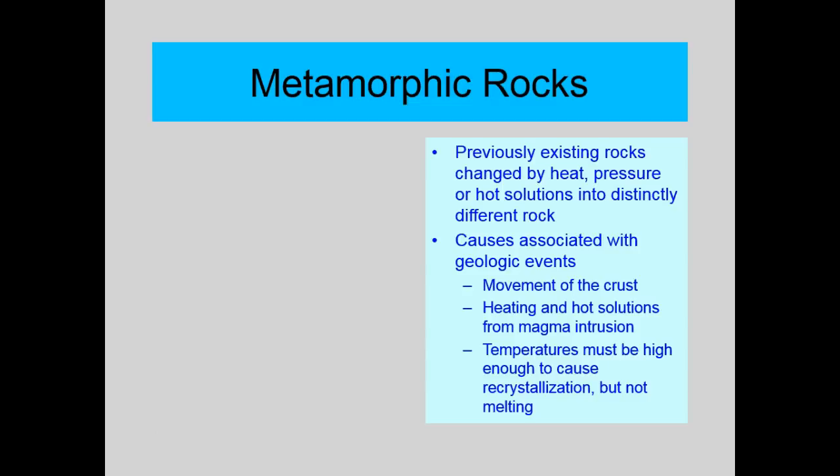Now, picture this, okay? A rock gets buried, remember, like sedimentary, and just keeps getting buried and pushed further and further down into the Earth's surface. Now, two things are happening there. One, more pressure. They're getting buried more and more and more, so there's a lot more pressure.